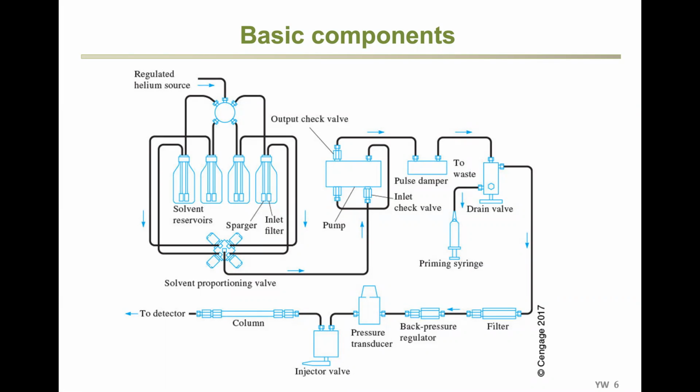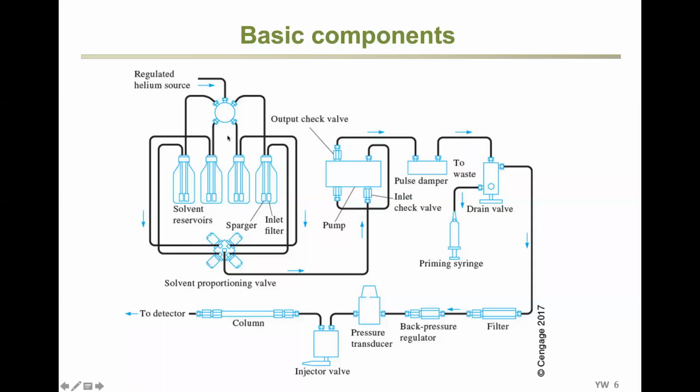So you can have 4 different solvents stored in those different reservoirs. And by using those valves here, you can control the ratio of each solvent so that the polarity of the solvent can be monitored in a precise way.